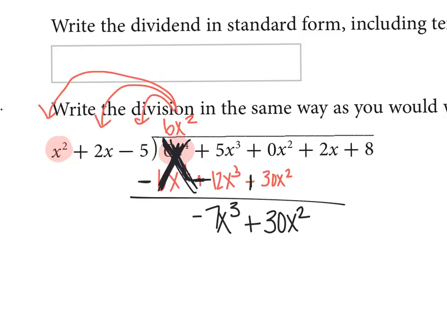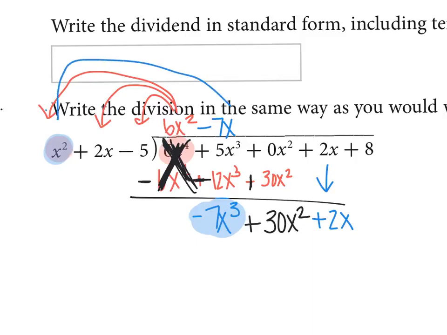Bring down the 2x. And my job now is to figure out how many times x squared goes into negative 7x to the third. Or what is negative 7x to the third divided by x squared? Negative 7x. And then I'll multiply.